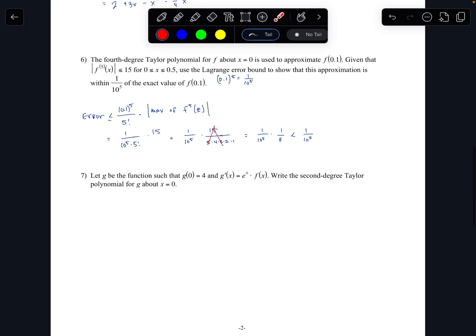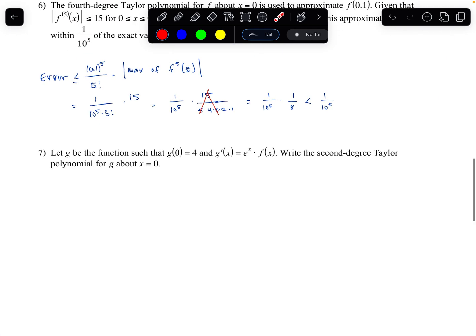All right, for 7, let g be a function. It says that g of 0 is equal to 4, and we got g prime of x is equal to this. Write a second degree Taylor polynomial about x equals 0. So a second degree Taylor polynomial is going to be equal to a sub 0 plus a sub 1 x plus a sub 2 x squared.